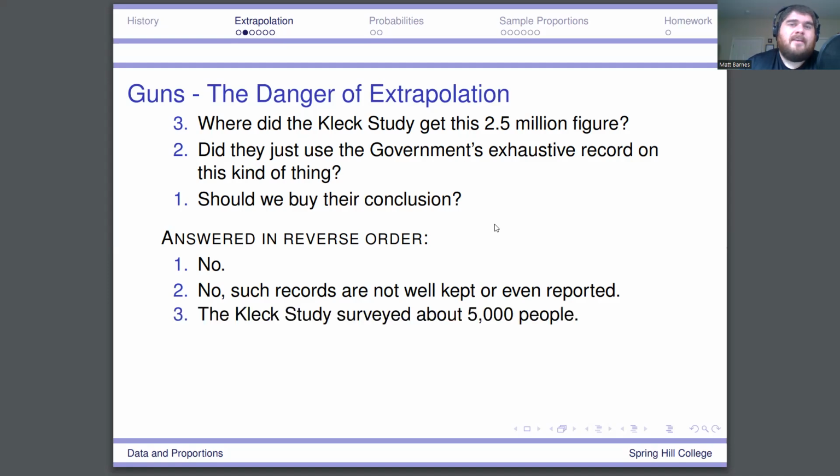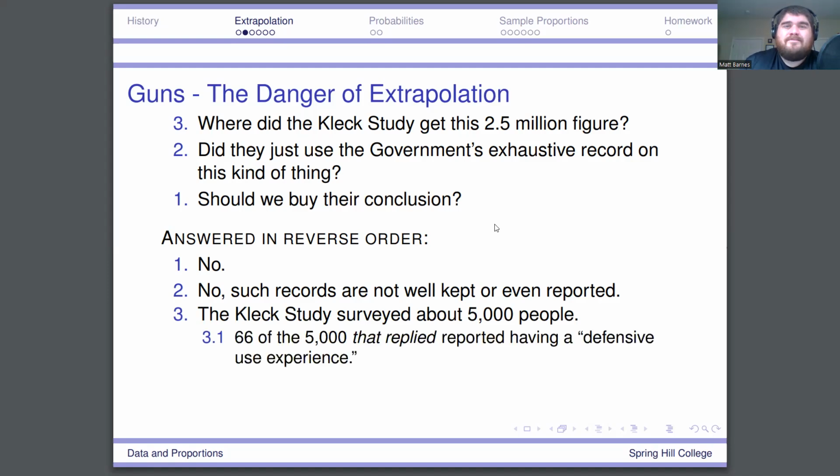And where did they get this 2.5 million figure? Well, the CLEC study surveyed about 5,000 people. To be clear, when I say they surveyed 5,000 people, what I actually mean is they asked a bunch of people and about 5,000 responded. When they got their answers back, 66 of the 5,000 that replied reported having a defensive use experience with a gun.